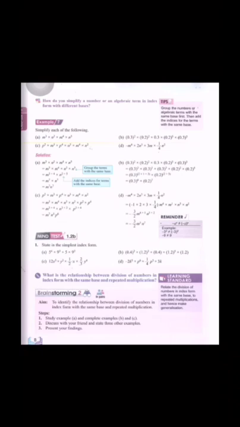So for m, we have m to the power of 4 plus 1. Then n, we have the power of 5 plus 2. For the numerical coefficient, when we multiply, we will get negative 3 over 2. So the answer is negative 3 over 2 m to the power of 5 n to the power of 7.